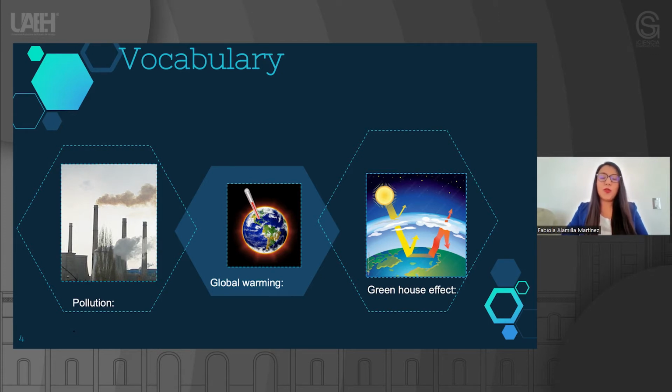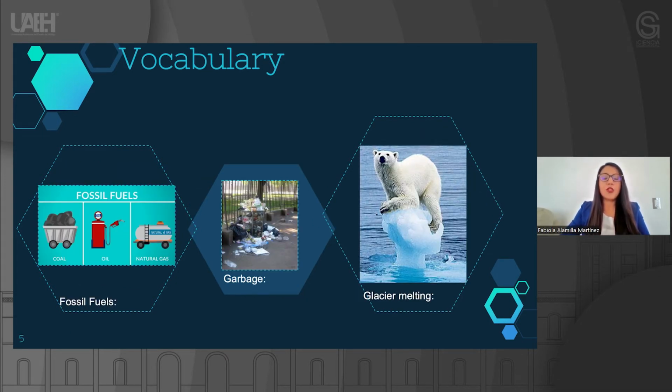It is not too bad, but we need to be very careful with the toxic gases in the atmosphere. We also have fossil fuels and garbage. Garbage is all the waste that we don't use anymore. Glacier melting is the effect when the ice from the poles changes from solid to liquid, transforming into water.